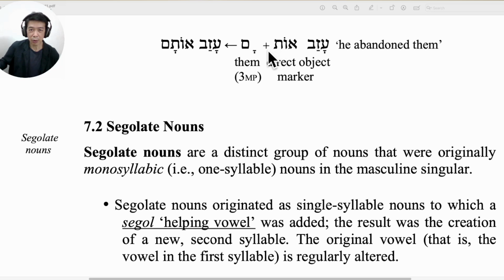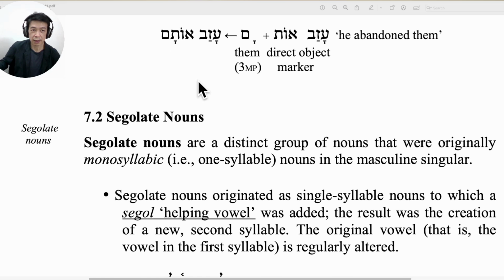And if we combine it with them, which in Hebrew is mem with a kamets in the third person masculine plural, it becomes azav otam. He abandoned them.